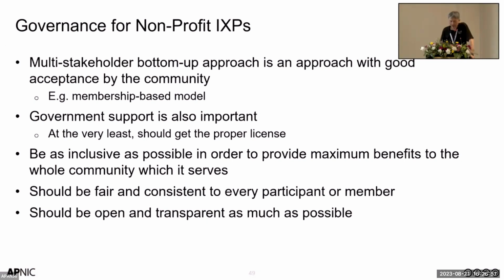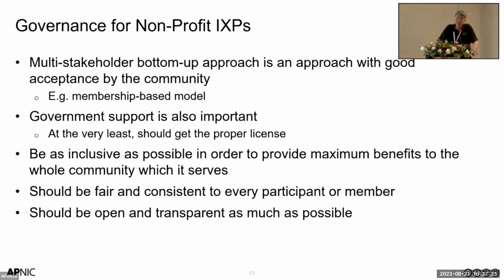Governance, well, as APAN, of course, we are the advocates of a multi-stakeholder bottom-up approach, and we want the community to participate in the governance of the IX. A membership-based model would be one of the best models, and government support would be important.